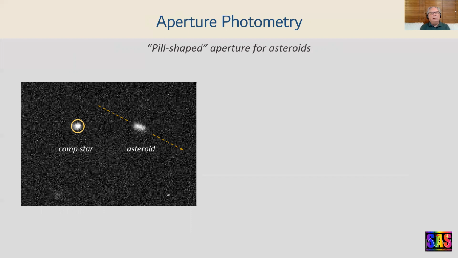But you can't do that necessarily in the same way for the asteroid because it's moving and its photons are being strewn along the path that that asteroid is taking, even inside one image.